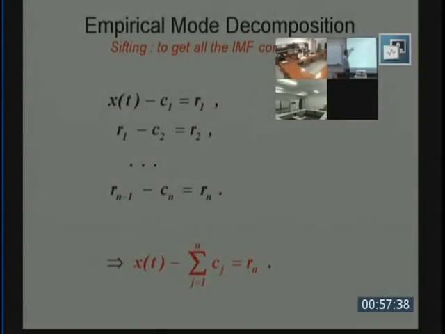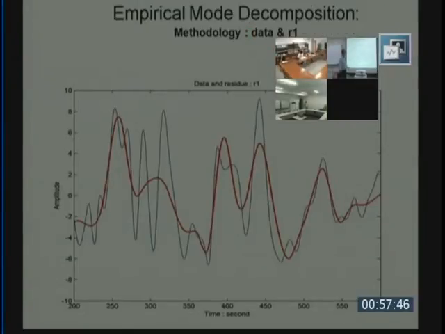Once you take X minus this first component you get out, you have a residual. What does the residual look like? The residual looks like this. What does this residual mean physically? It means to me that it goes through each wave, bisects each wave.